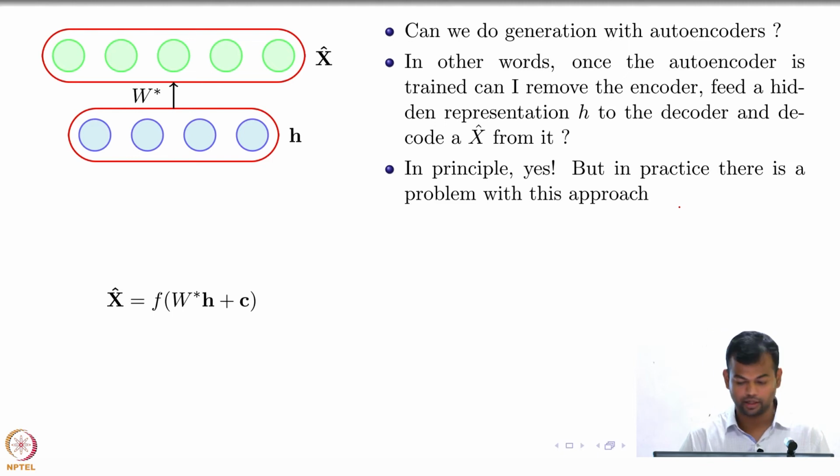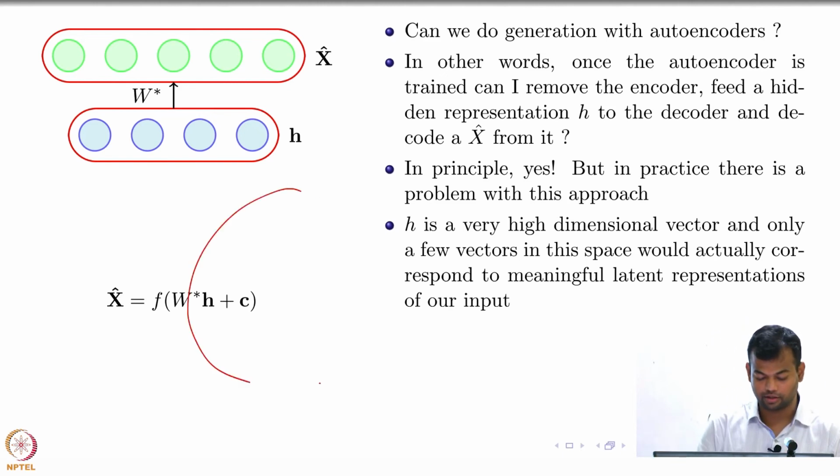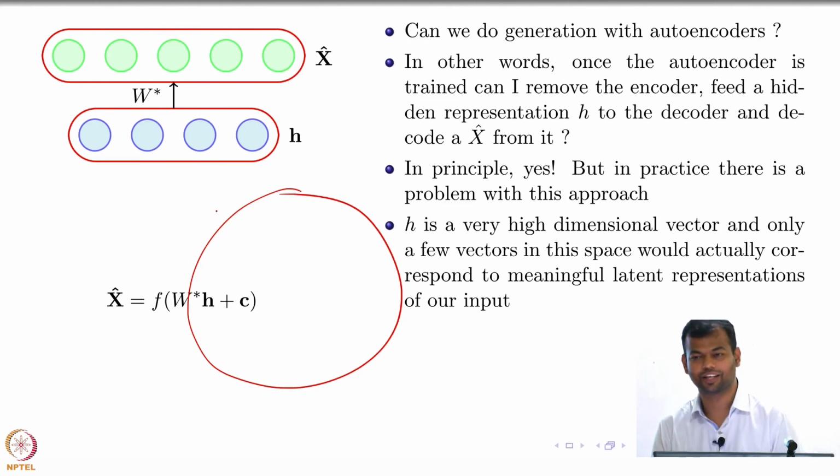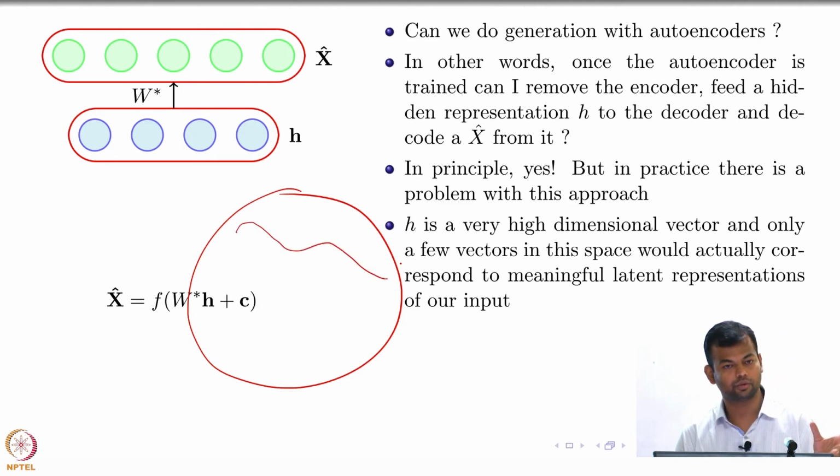So let's get there. The problem is that H is actually a very high dimensional vector, right? I can't really draw high dimensional spaces, so I'll just draw this as the high dimensional space, okay? And now this space actually has many points, right? But actually the H's lie on a very small subspace in this large space. Why is it so?